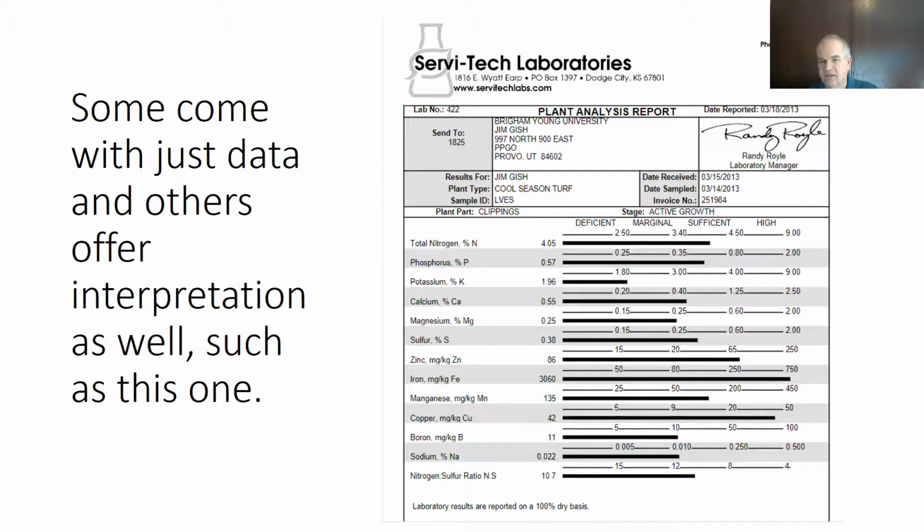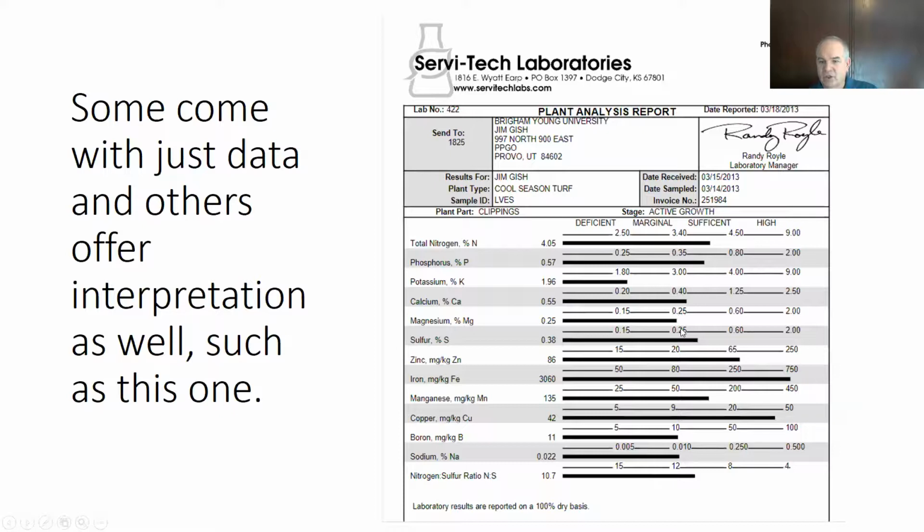Here's another set of data for turf grass that was being sampled. According to Servitec, this is a good lab that I've worked with, and in fact, I used to work for them. They're saying the nitrogen and the phosphorus are sufficient. It suggests potassium is borderline deficient, marginal.